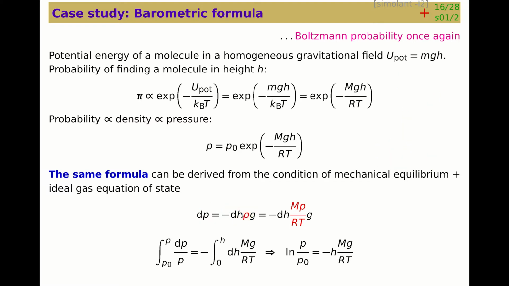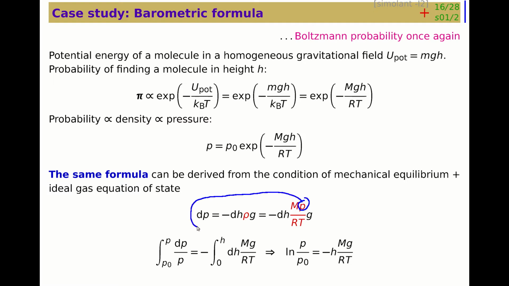Okay, to integrate this we must insert the equation of state for the density, which is easy. We have it here, and we get a simple differential equation which can be solved easily by separation of variables.